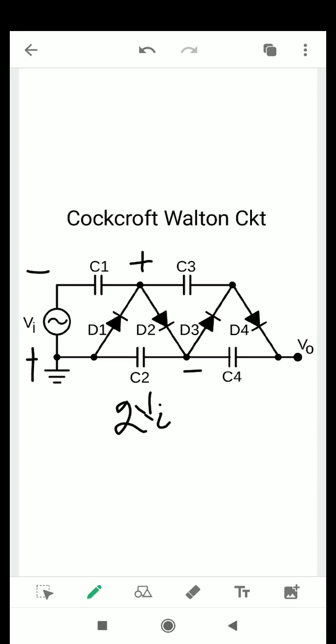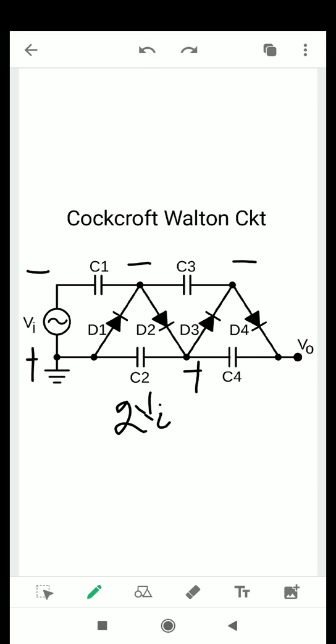In this condition this is negative, this is also negative, and this one will be positive. Now we can see diode D1 is forward biased, diode D2 is reverse biased, and diode D3 is in forward bias condition.